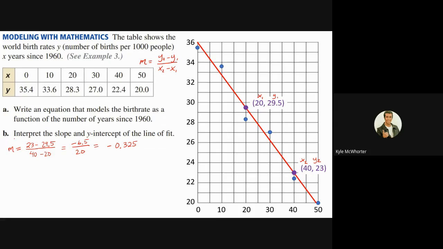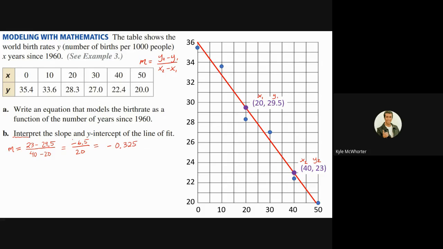Okay, so can we interpret that slope? The negative 0.325 means that every time 1 year goes by, it's like negative 0.325 over 1. So if we interpret rise over run, our run is 1, which is when 1 year goes by. So when 1 year goes by, the birth rate goes down by 0.325.